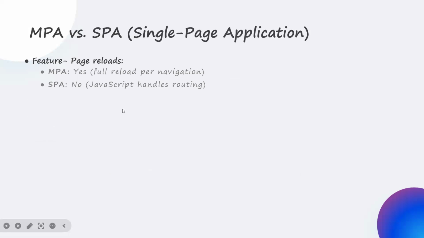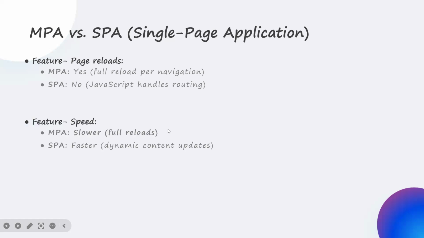So let's take a look at some differences. When it comes to page load, multi-page application will do a full reload, but single-page application will not do a full reload. When it comes to speed, multi-page applications are slower, single-page applications are faster.